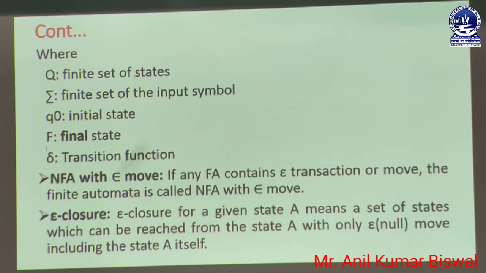So that's why we need another concept, the epsilon closure properties. With the help of these properties, for a given state A, the epsilon closure is the set of states which can be reached from the state A with only epsilon, that is null moves, including the state A itself. So these are some moves which are used in our diagram.